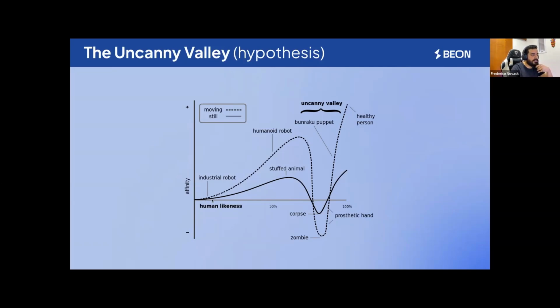You can see here in this chart that when you try to make something more human-like, it tries to increase our affinity.